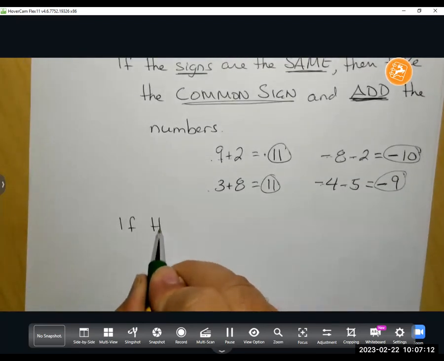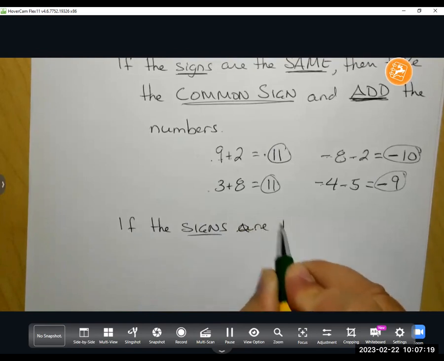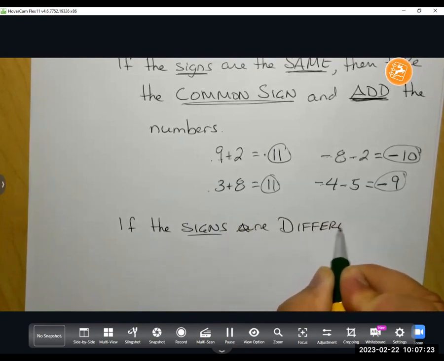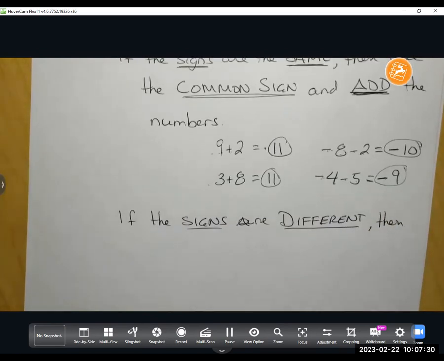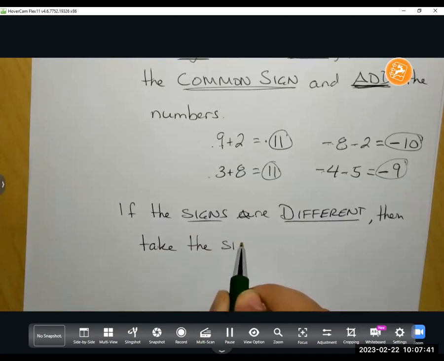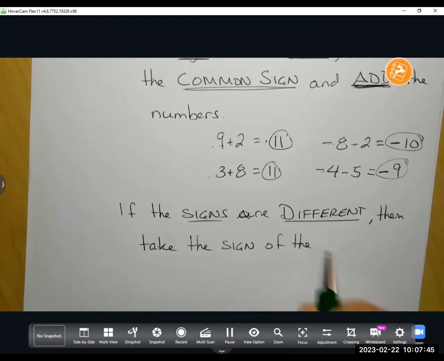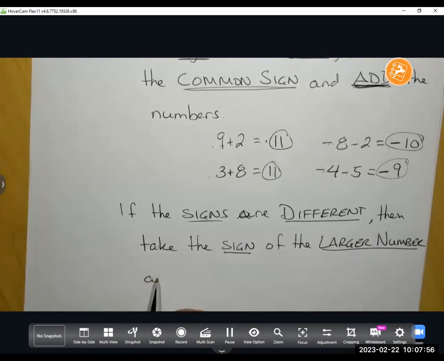Next tab. If the signs are different, take the sign of the larger number and subtract the numbers.